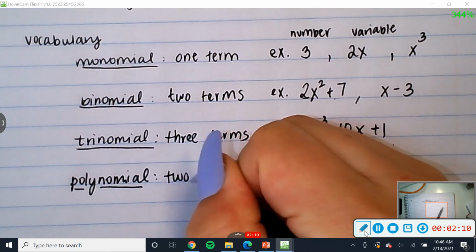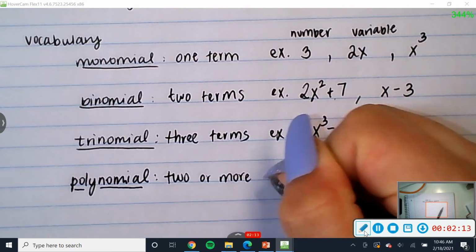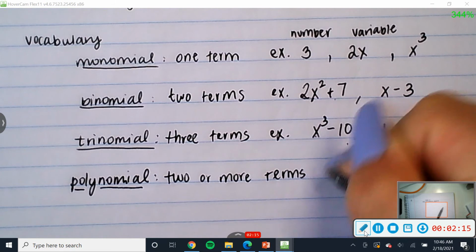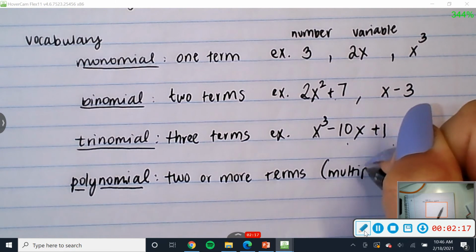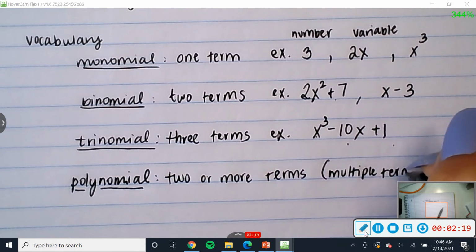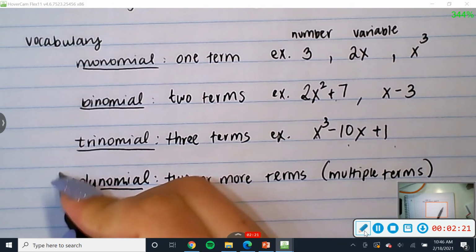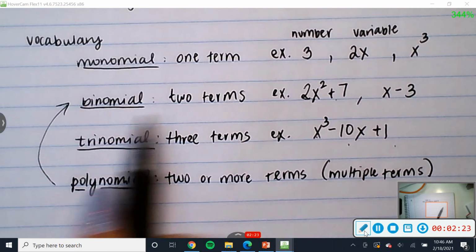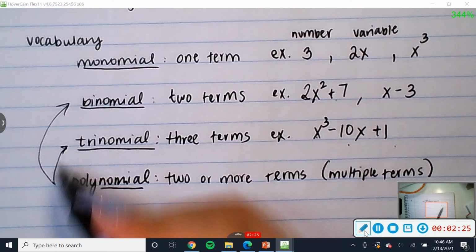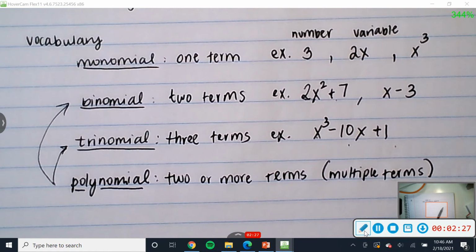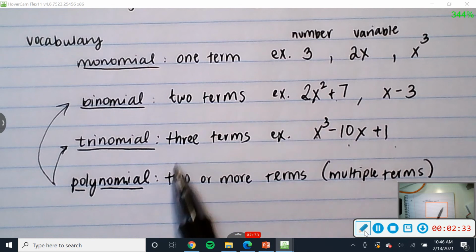So two or more terms, or you can think about it as multiple terms. So it's a very broad vocab word. So polynomial could include anything that's a binomial. It could include anything that's a trinomial, or even more than three terms. You could have 7 terms. Polynomial is just a really general word to describe anything that has more than one.